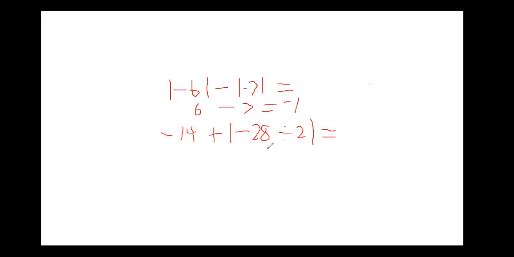And then number 2, this is negative 14. There's no absolute value around here. So it's negative 14 plus, so on this one, negative 28 divided by 2. So knowing that we have absolute value, all you have to do is just don't even worry about the negative. Just go 28 divided by 2. What's 28 divided by 2? 28 divided by 2 is 14, right?